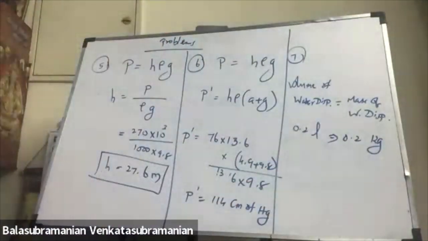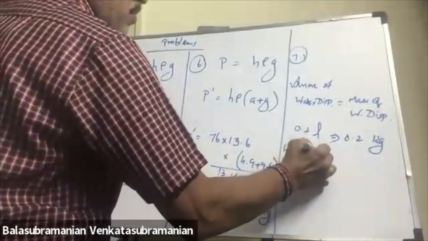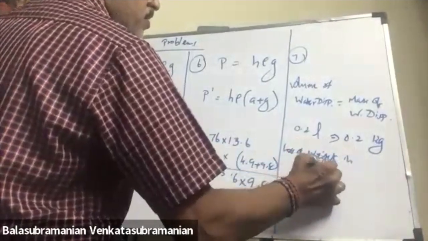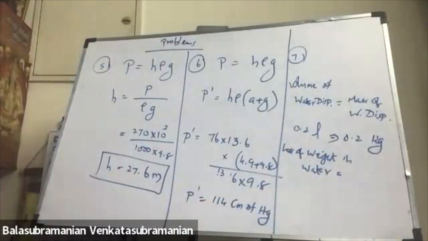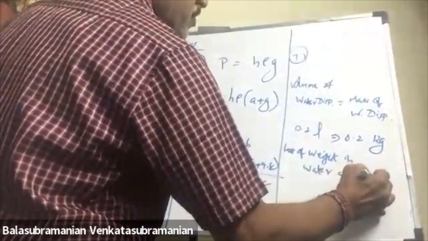Okay. So loss of weight in water is equal to weight of the water displaced. This is Archimedes principle.